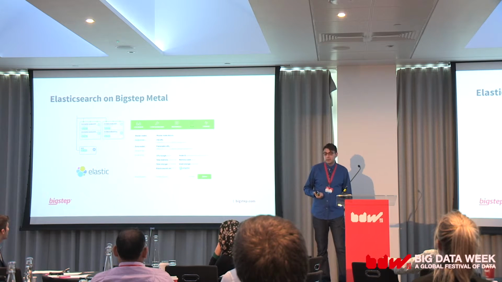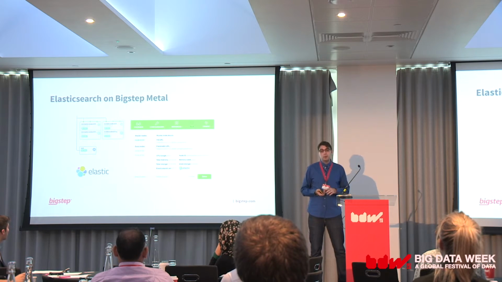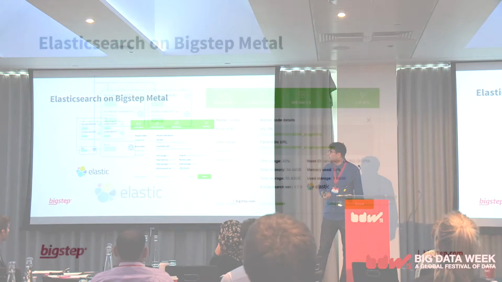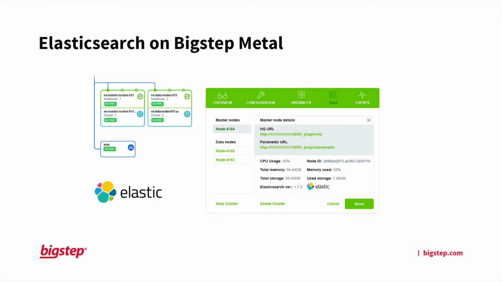For instance, an Elasticsearch cluster in our diagram looks something like this. On the left-hand side, you have two instance arrays. An instance array represents a collection of servers that typically have the same role in a cluster. In this case, we have master nodes and slave nodes.